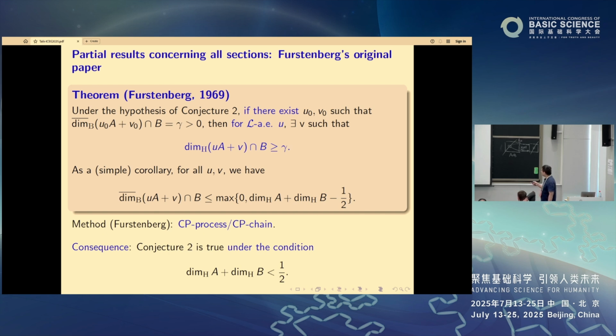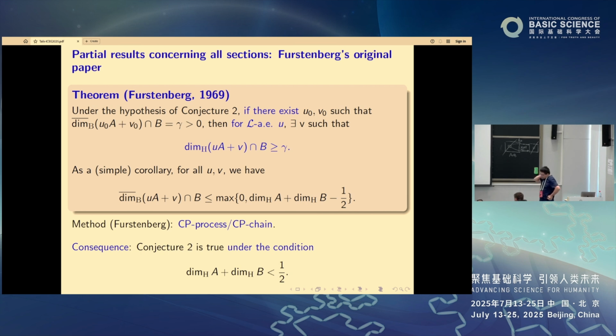You are asking why this s appears, and why it's 1 plus s. The s has nothing to do with the Lebesgue measure.